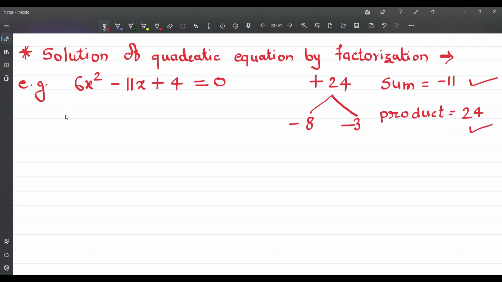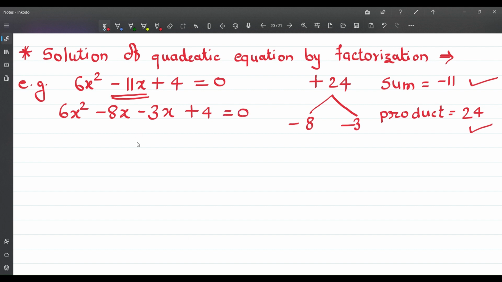Therefore, we divide this minus 11x into two terms, so it becomes 6x square minus 8x minus 3x plus 4 is equal to 0.